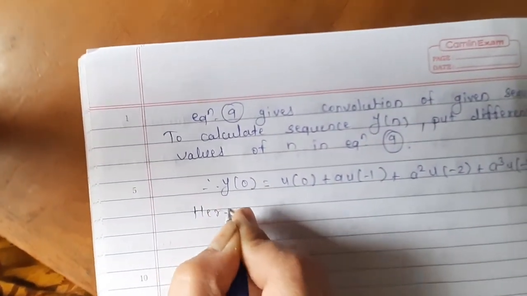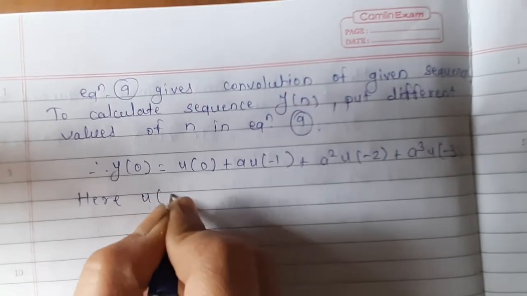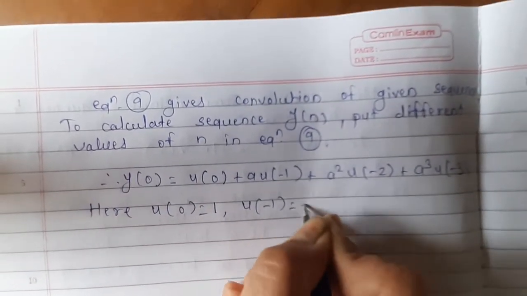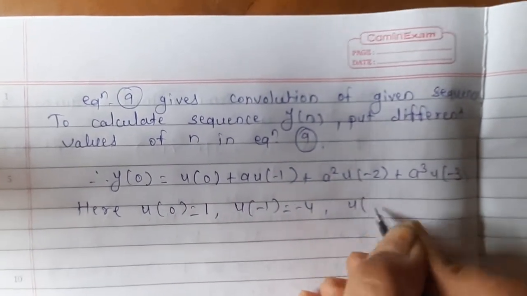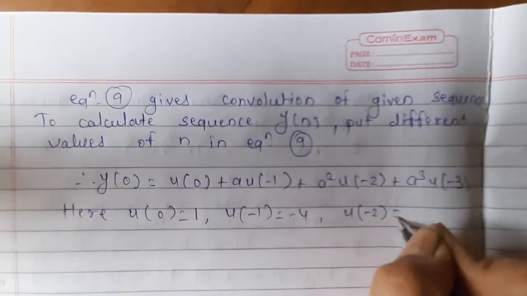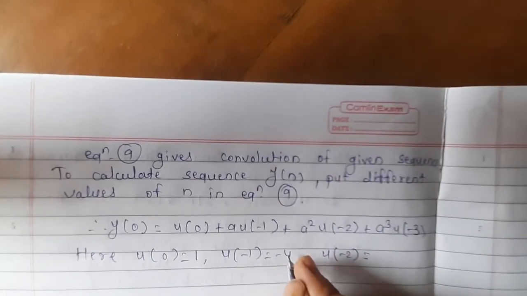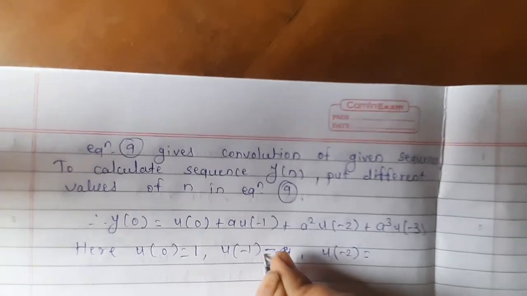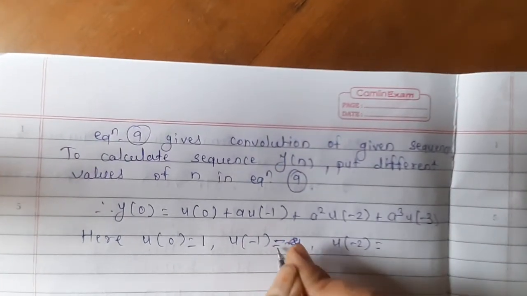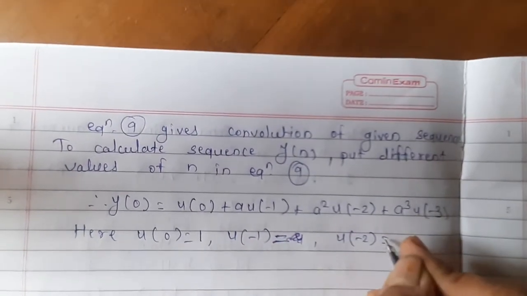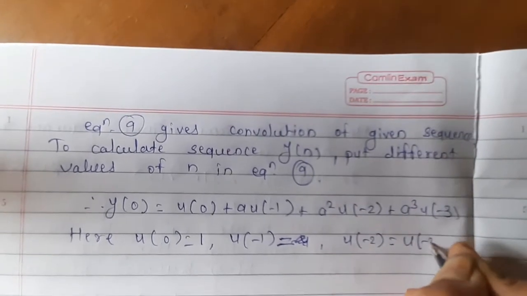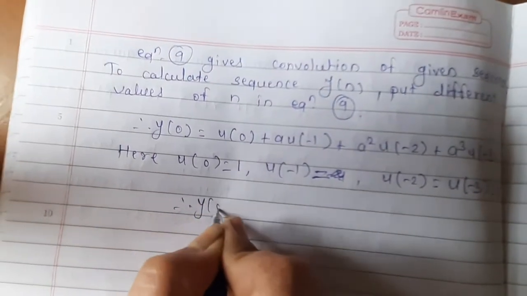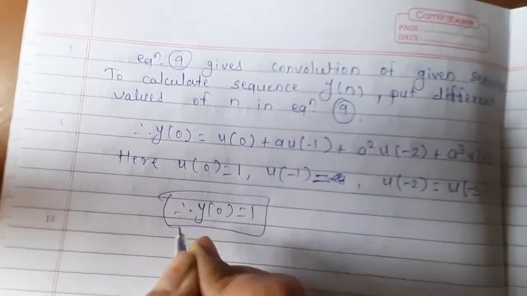So here u of 0 is 1, and u of minus 1, u of minus 2, u of minus 3 are all equal to 0. So y of 0 is equal to 1.